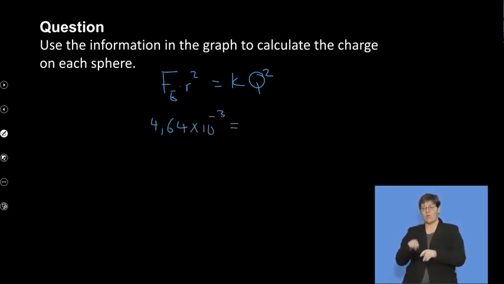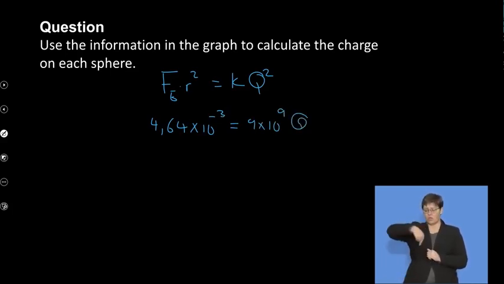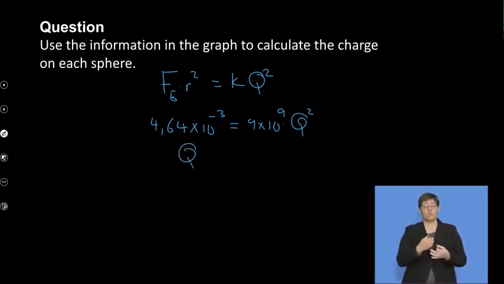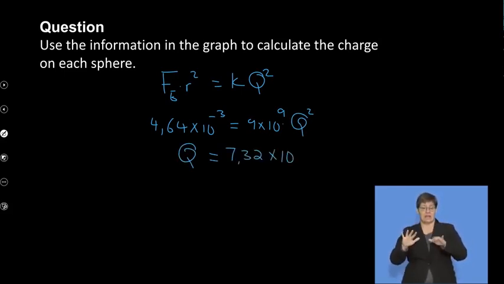We know the value of the constant, 9 times 10 exponent 9, then Q squared. Why are we saying Q squared? These are identical, so it's Q by Q. Then if you do the maths, you'll get a Q value of 7,32 times 10 exponent negative 7 coulombs.